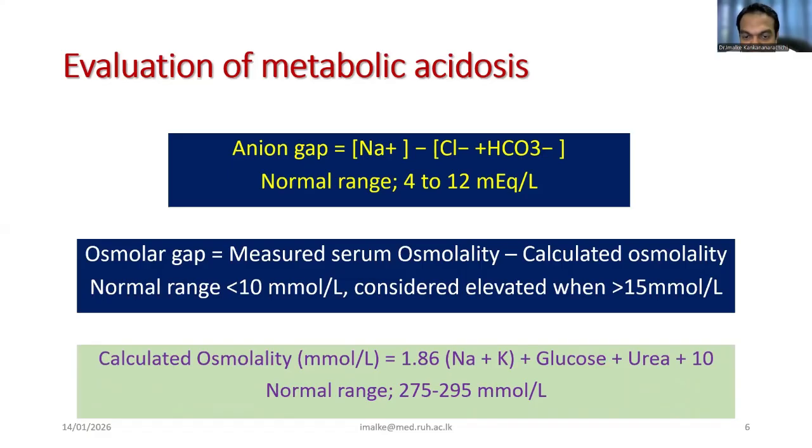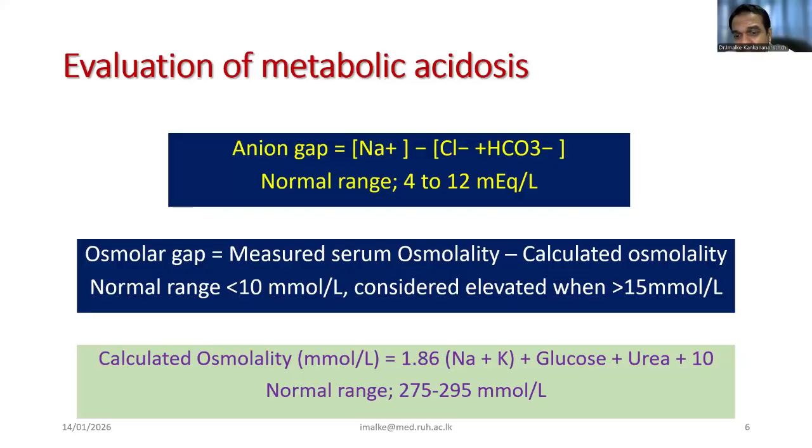For that, you need electrolytes, glucose, and urea. For pediatric trainees, you can get data questions where we will give these parameters: sodium, potassium, glucose, and urea. And as a rough idea, the factor is 1.86; if you can remember it as 2, then it's easy to calculate the osmolality.